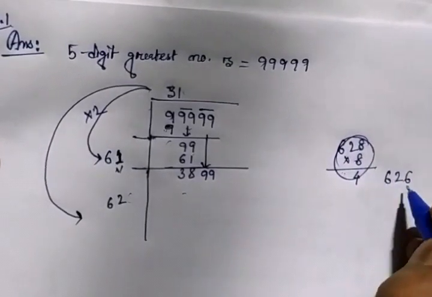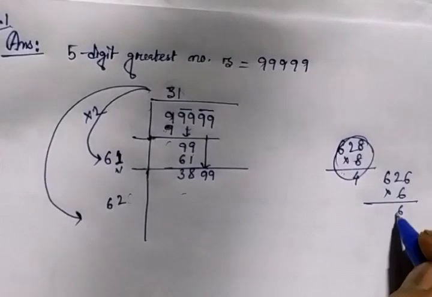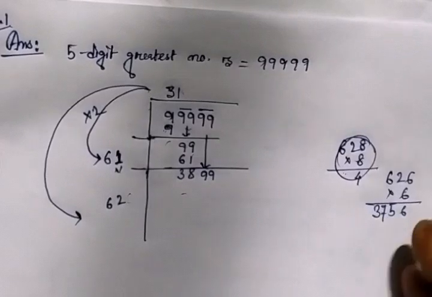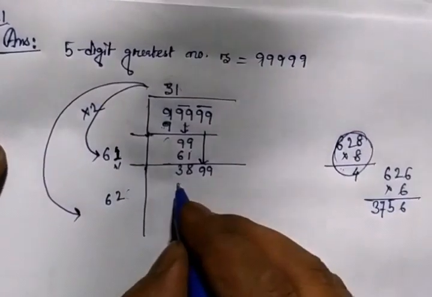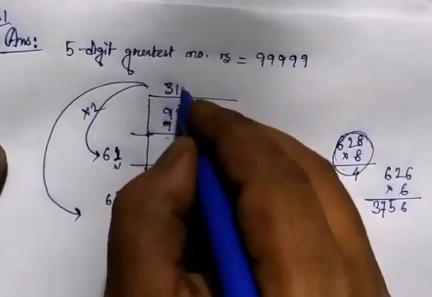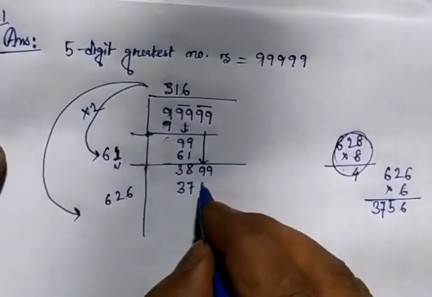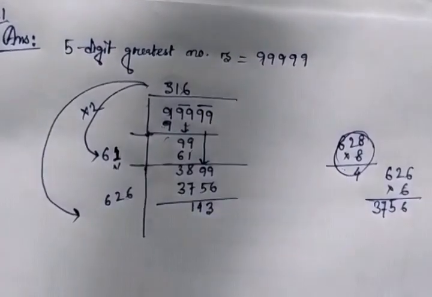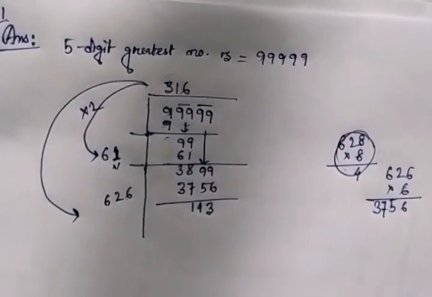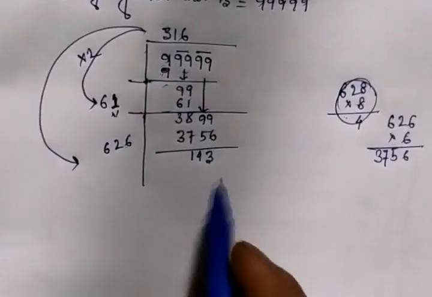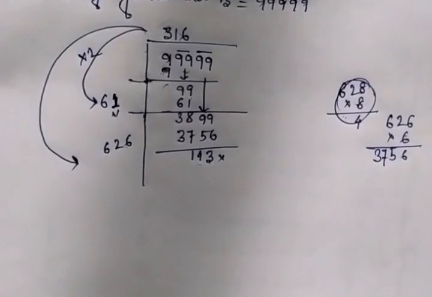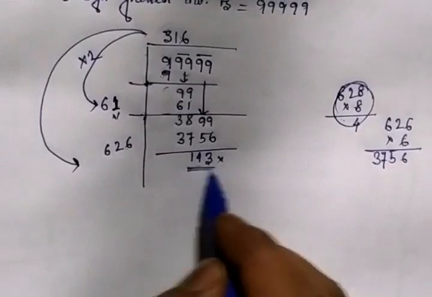So 6: 626 times 6 is 3756. It is nearest to this number. If we subtract, the result is 143. If 143 is not there, then the number is a perfect square number, so we must subtract 143.